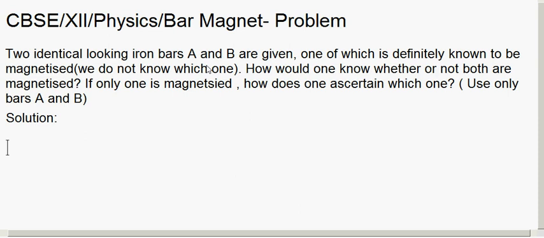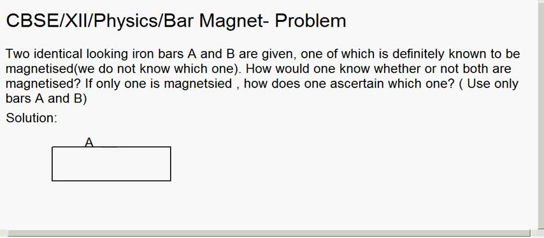We will fix the bar A. Okay. So this is bar A.